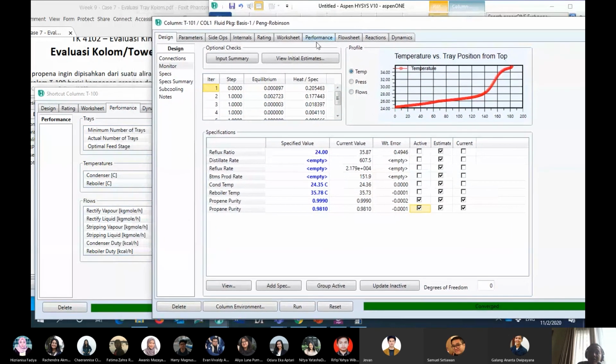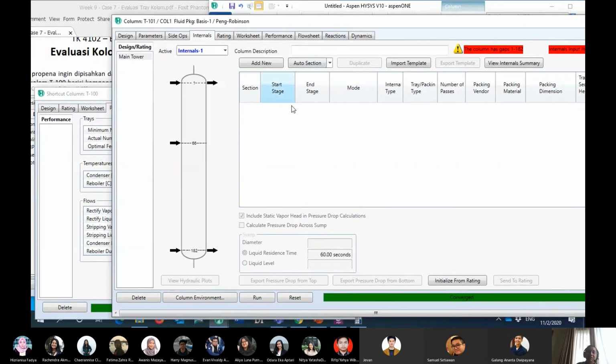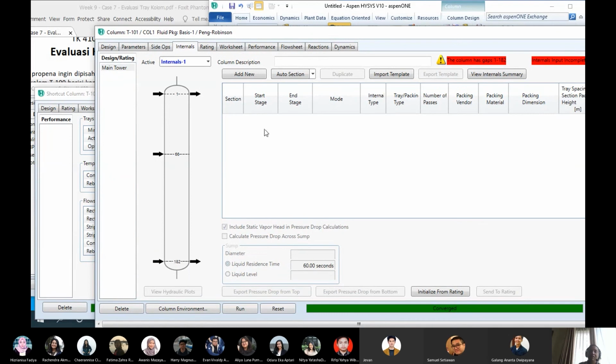Okay, I will go to the internal. This is new in Aspen HYSYS 10 or in Aspen HYSYS 9 about the internal. Okay, what I have to do with this internal? Yeah, actually this is the way HYSYS helps us to evaluate the hydrodynamics of this column.